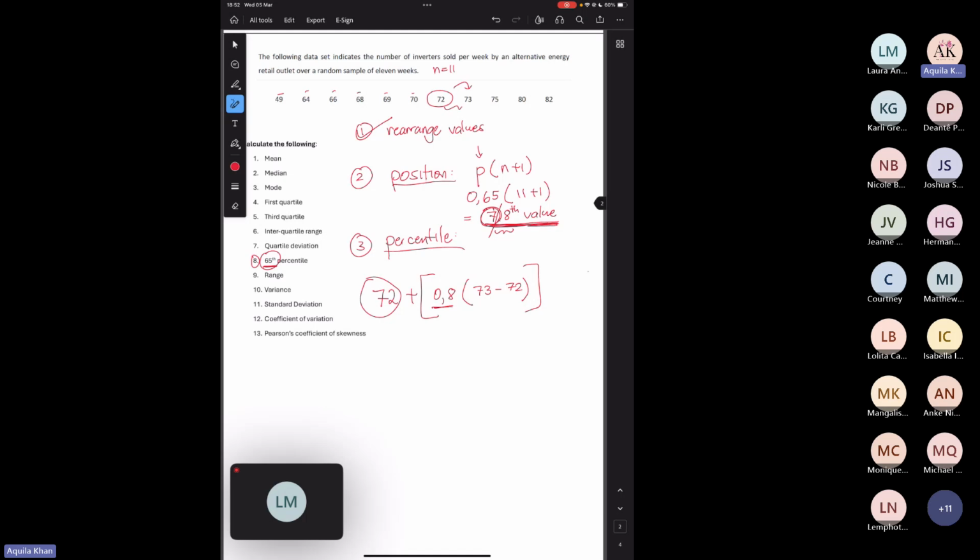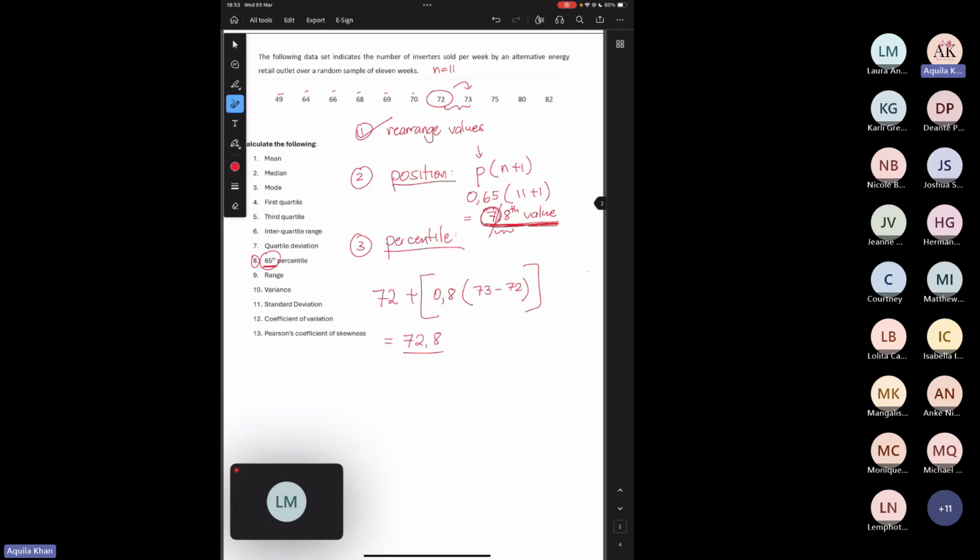So 73 minus 72, and that's what you're multiplying the 0.8 by. So when you put these onto your calculators, this will give you an answer of 72.8.